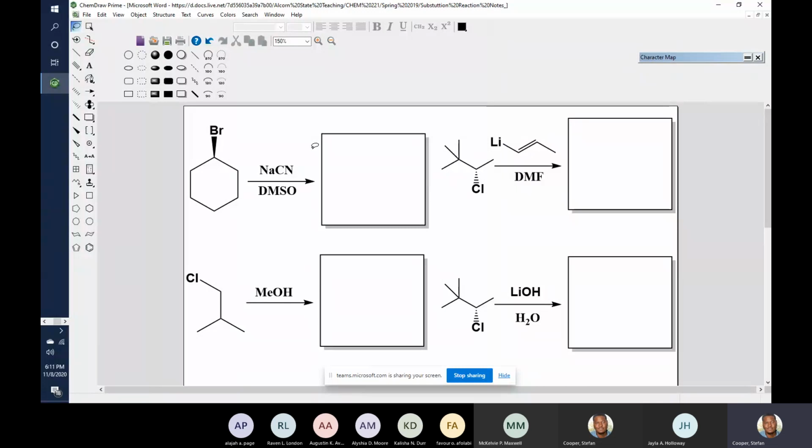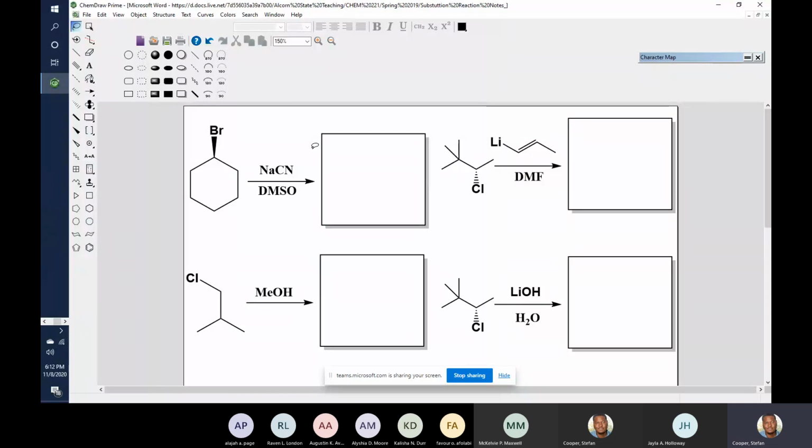So how do I know the conditions are favoring an SN1 mechanism? I can look at my alkyl halide. Tertiary and secondary alkyl halides prefer SN1. No primary unless there's a potential rearrangement, okay? The second thing is my solvent.